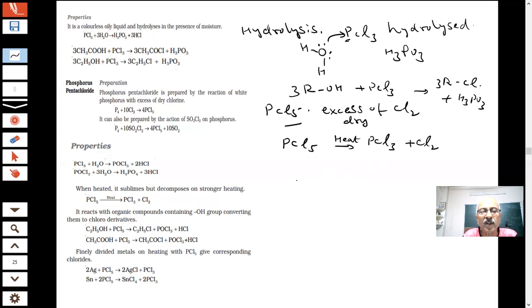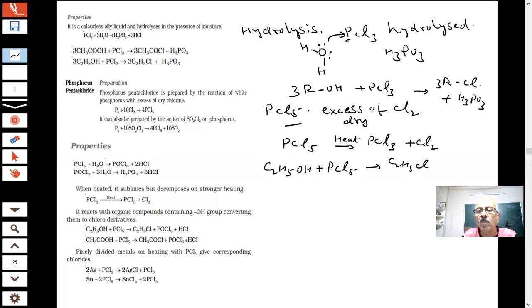Again, it reacts with organic compounds for preparing alkyl halides. This reaction we have already seen in organic compounds. C2H5OH, chlorination. What was the product, students?